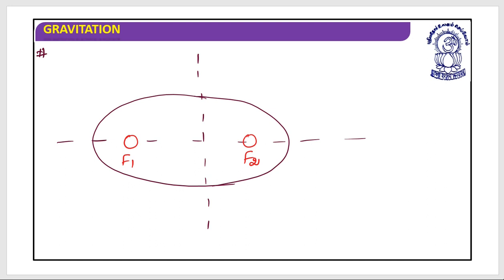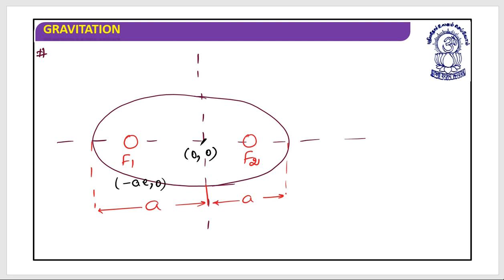Now if I write down the coordinates of this, it's 0 comma 0. Coordinates of this, it's minus ae comma 0, while the distance of the semi major axis is a. So if this is a, this is a as well. I hope this is clear.